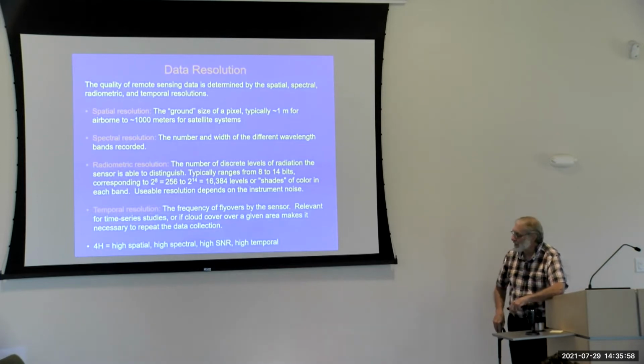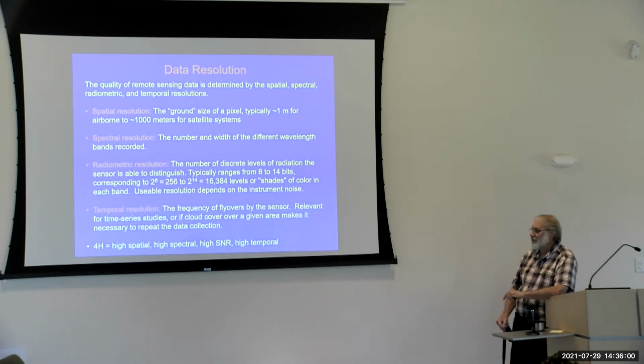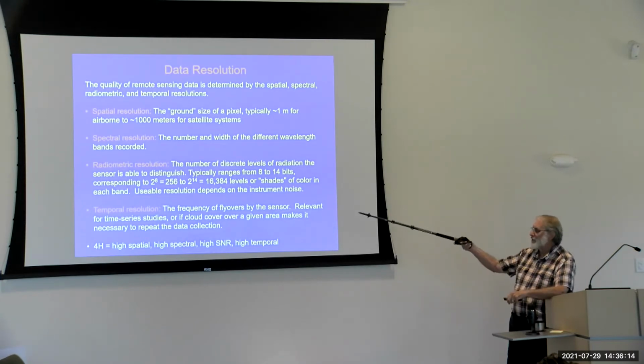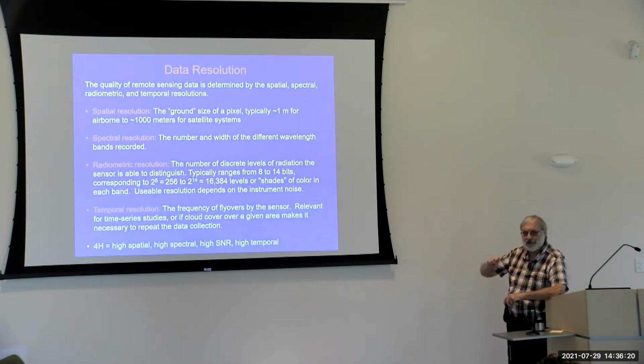Then the radiometric resolution refers to the number of discrete levels of radiation or light that you're able to distinguish. In the really old days, you might have had what's called an 8-bit sensor, meaning there are 2 to the 8, or 256, different levels that your digital sensor can measure.